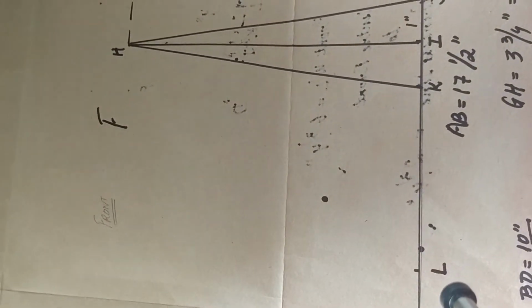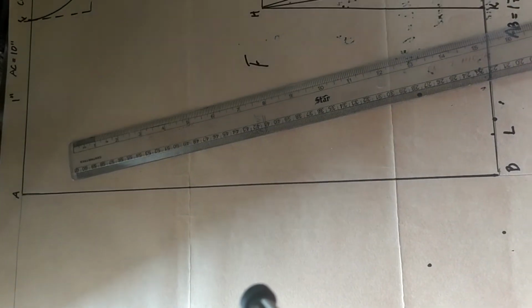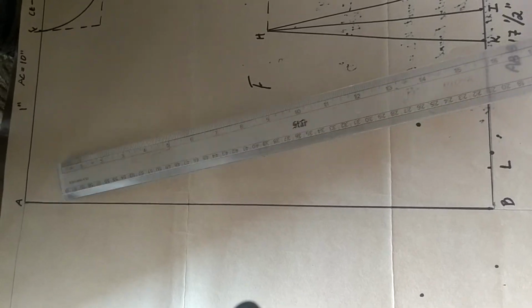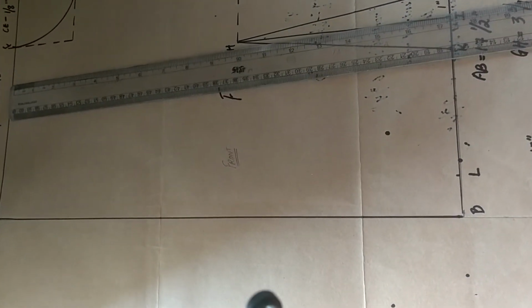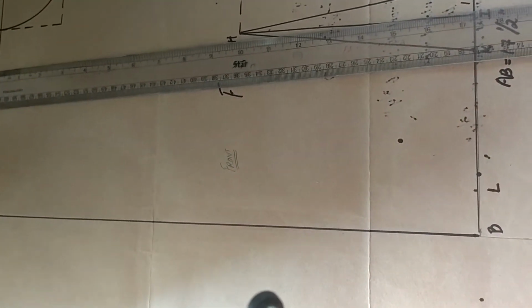After doing the marking for point L, the next step would be to mark the underarm seam. But before I do the underarm seam, let me make this fold line a little darker. Okay, so now I have made this AB line dark. Now next point that I need to mark is for the underarm seam.